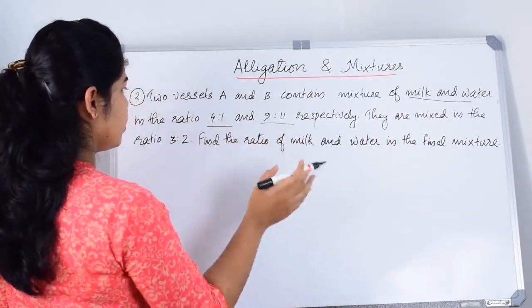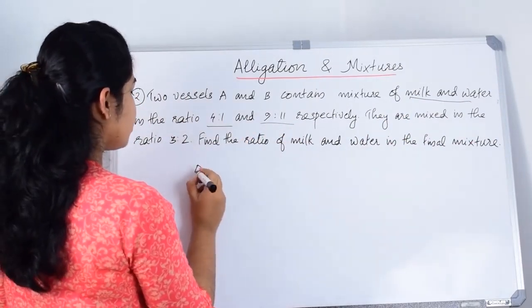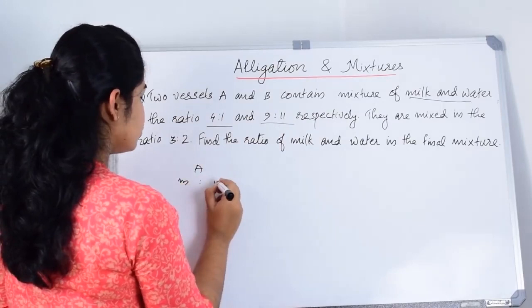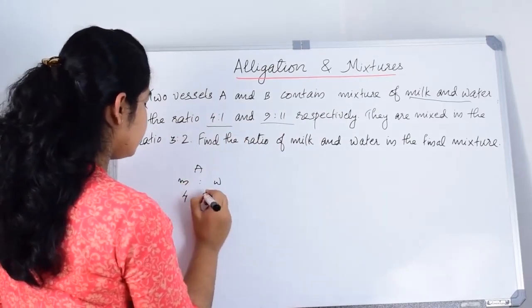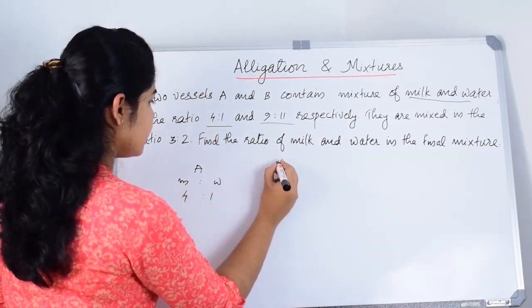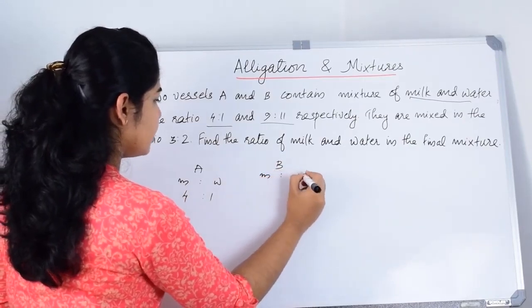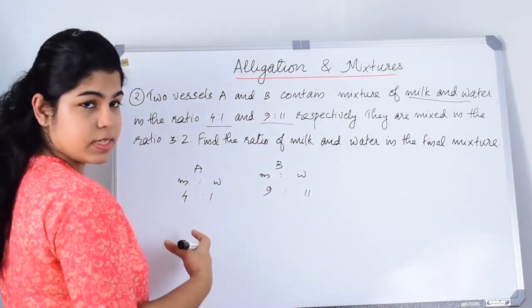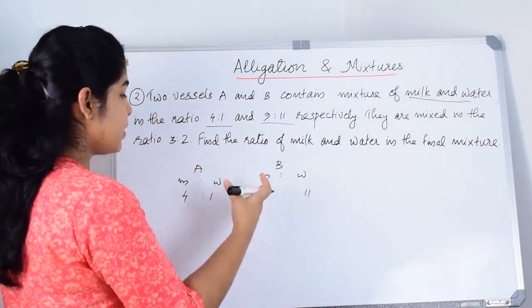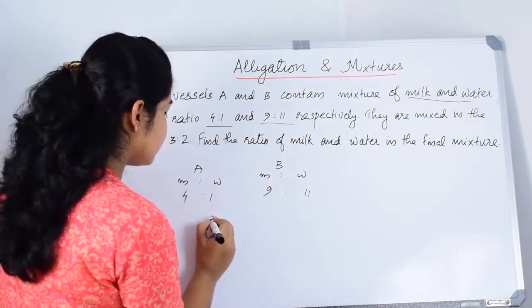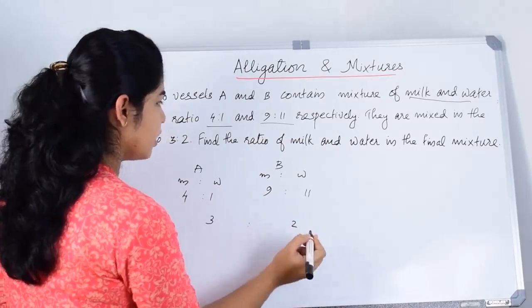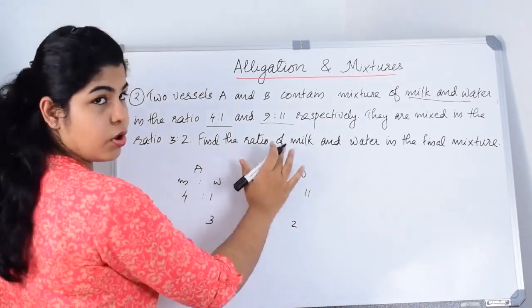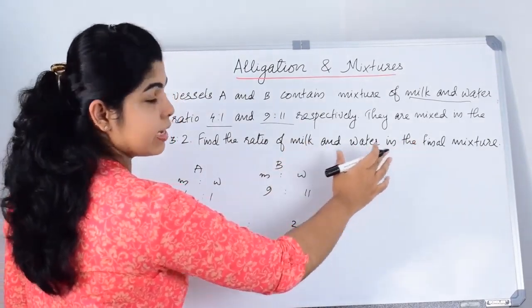In vessel A, the ratio of milk to water is 4:1, and in vessel B the ratio of milk and water is 9:11. Both these mixtures of vessel A and vessel B are mixed in the ratio 3:2. Now it is asked to find the ratio of milk and water in the final mixture.